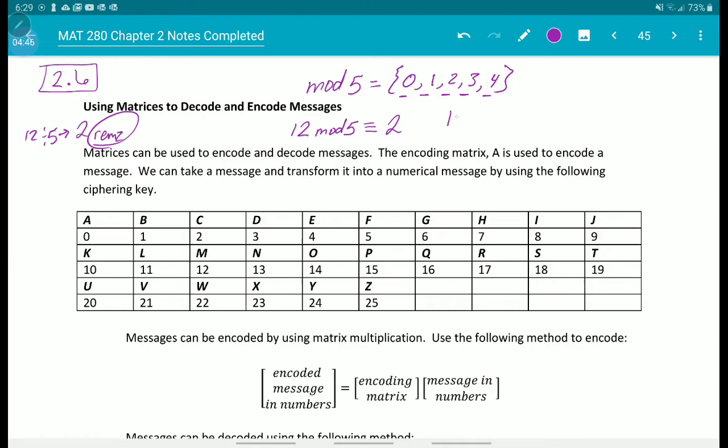What if we were looking at 21 mod 5? Well, that same kind of process holds. We're going to take 21 and divide it by 5. 21 divided by 5 is 4, but the remainder is 1. So 21 mod 5 is equivalent to 1. So you can get the idea how this is working.